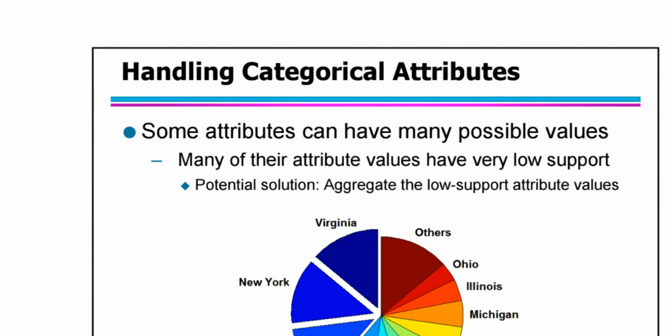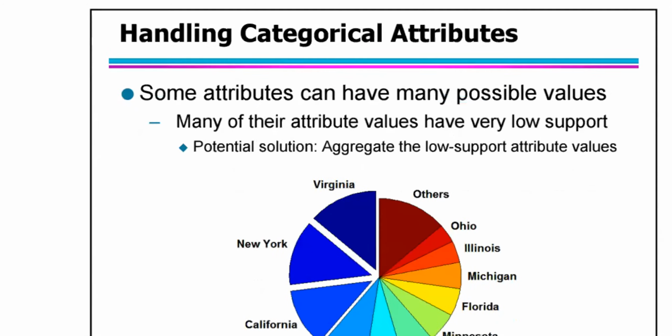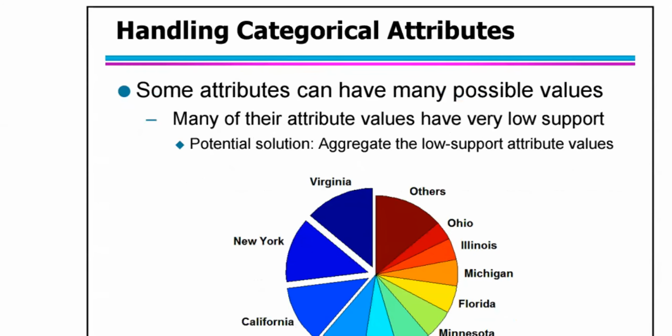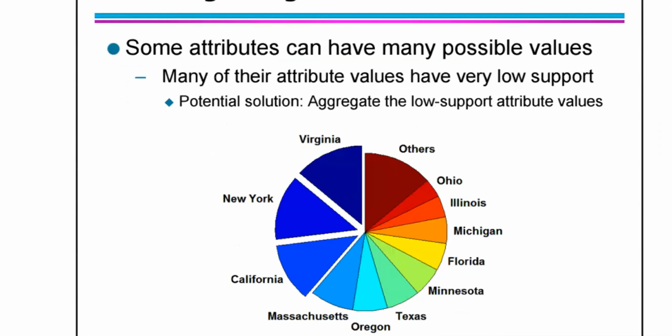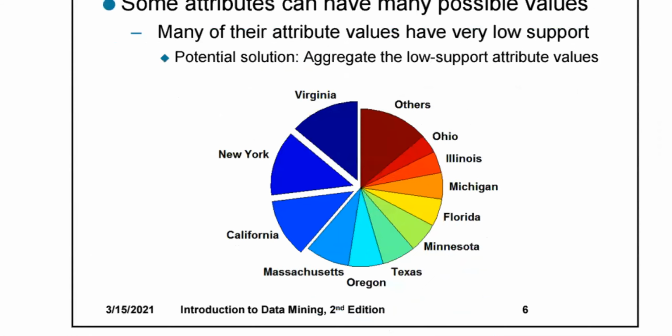So here, for example, I want to represent data where some attributes have many possible values, and many of those attribute values have very low support. A potential solution is to aggregate the low support attribute values, which I want to show in a pie chart, into a major category called others.